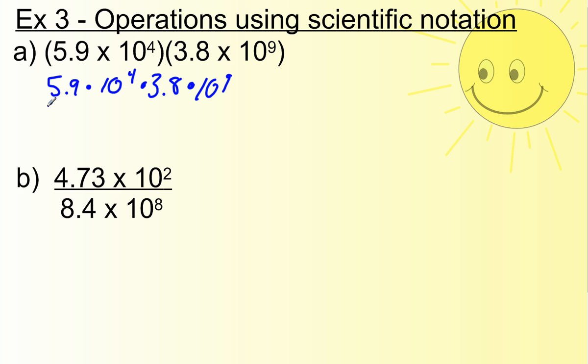I'm going to put my decimal parts together, and my powers of 10 together, and then we can do some math. So 5.9 times 3.8, and 10 to the 4th power times 10 to the 9th power.